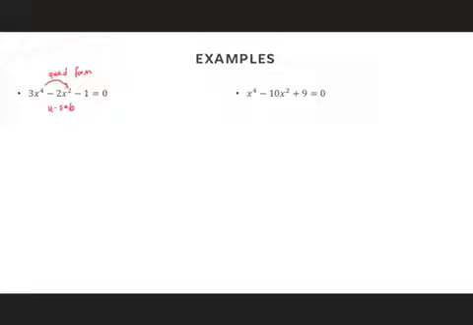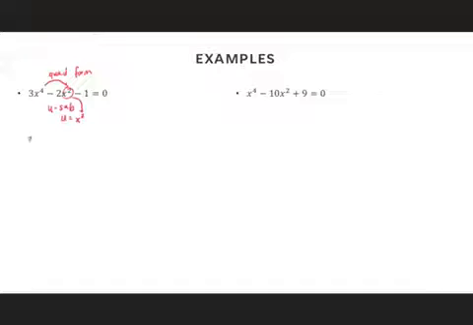Okay, you're going to take U equal to just the variable portion of the center term. If it's x cubed in the middle, it's an x cubed. If it's x to the 8th in the middle, U is x to the 8th. Don't worry about the number that's there. We just want to change whatever variable portion is there.